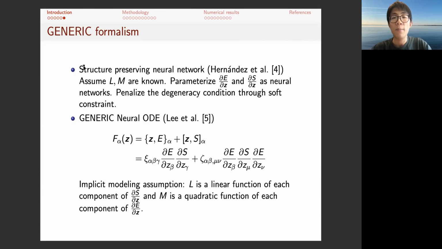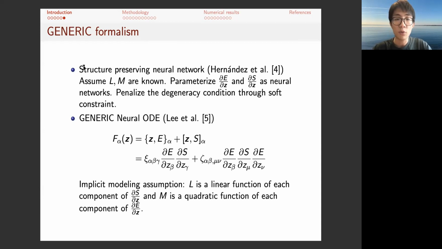And they penalize the degeneracy conditions through soft constraints. In some circumstances, this will lead to bad results because these soft constraints can be violated. Further, we need to tune the weight of this soft constraint compared to the loss for the ODE, and tuning the parameter is time-consuming work.